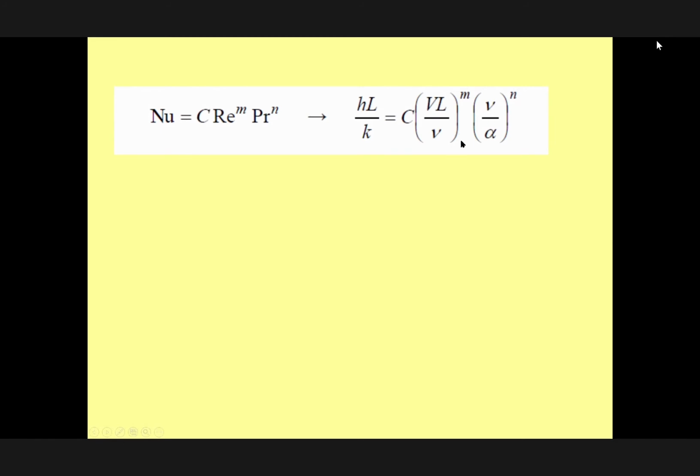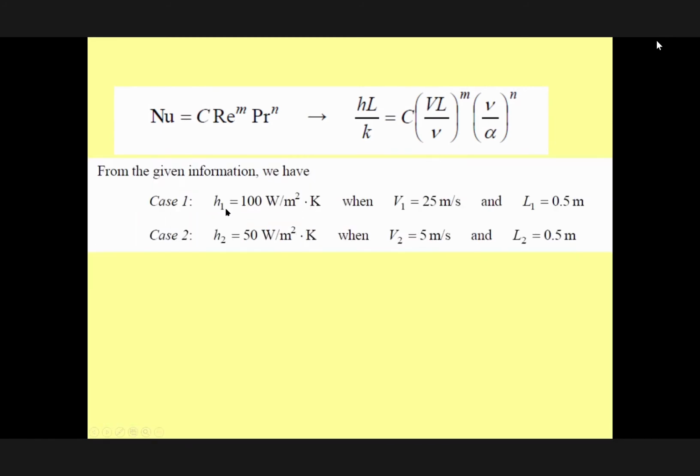Therefore, if I write it down for two scenarios, as I mentioned, for the first case the length is 0.5, the velocity is 25, and this one is 100. In the second scenario, the length is still the same, the velocity is 5, and this one here. Therefore, I can place these numbers in this equation and see what I can do.